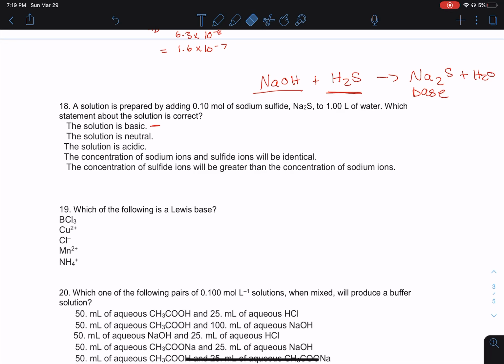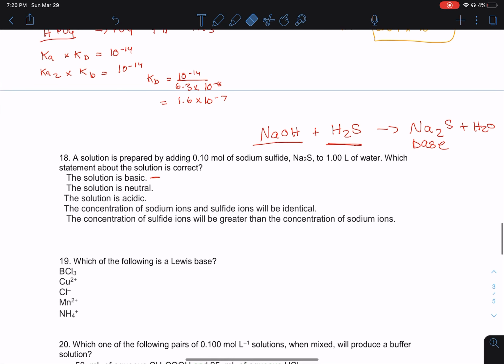Actually, let me think about it for a second. So NaOH is a strong base, and H2S is a weak acid. I'm sorry, this is a weak acid.